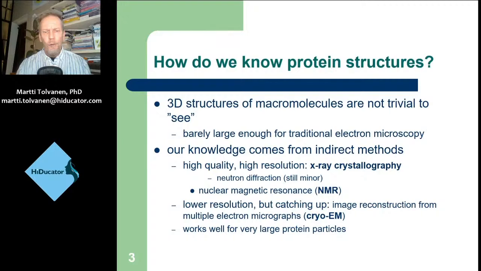It is cryo-electron microscopy, which means image reconstruction from single particles, or rather electron micrographs of single particles, viewed from different angles or maybe viewed from different particles. There are now efficient mathematics to do the reconstruction of 3D structure from that.